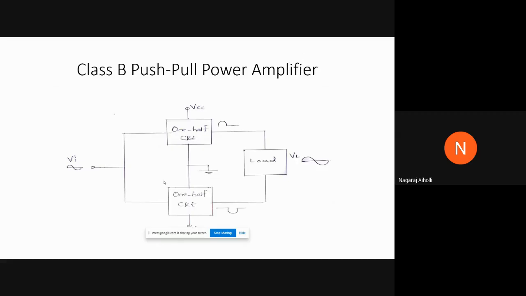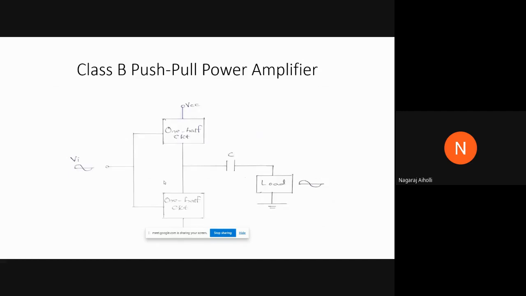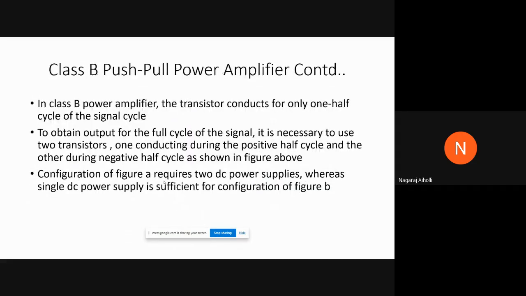To obtain output for a full cycle of the signal, it is necessary to use two transistors. One transistor conducts for the positive half cycle and the other transistor conducts for the negative half cycle. Hence we will be getting one full cycle of output signal at the output.